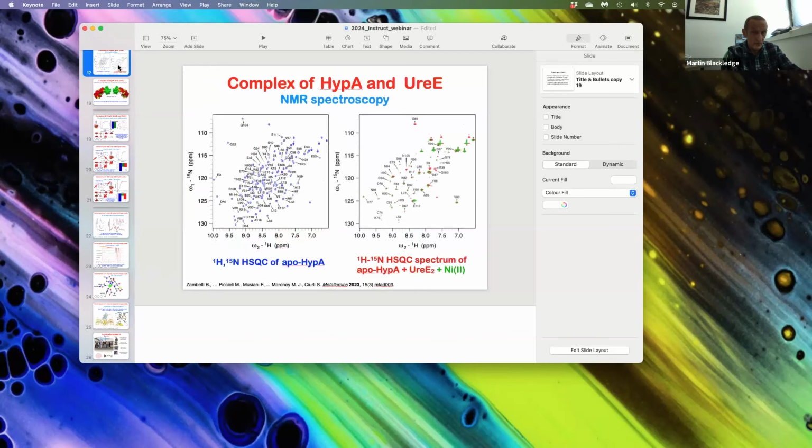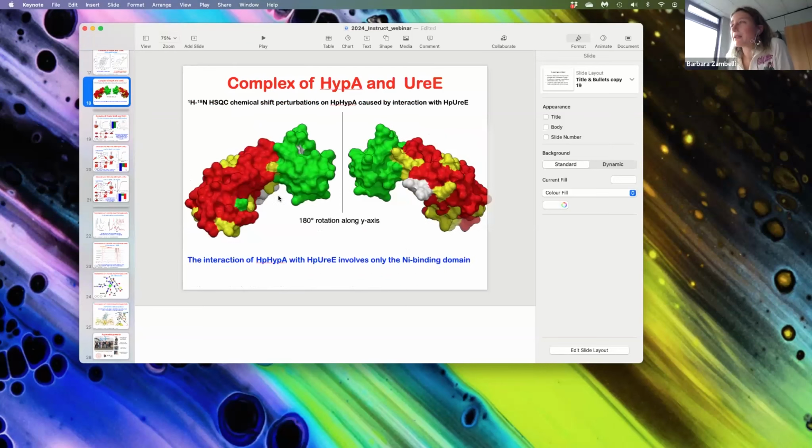Is that true? Let's say that it was enough to do the assignment to find the peaks. So probably deuteration would help. It might improve a lot. Yeah. You might get maybe more information even. Okay. But still, the fact that here the zinc binding domain is untouched was really clear in both cases. Okay.